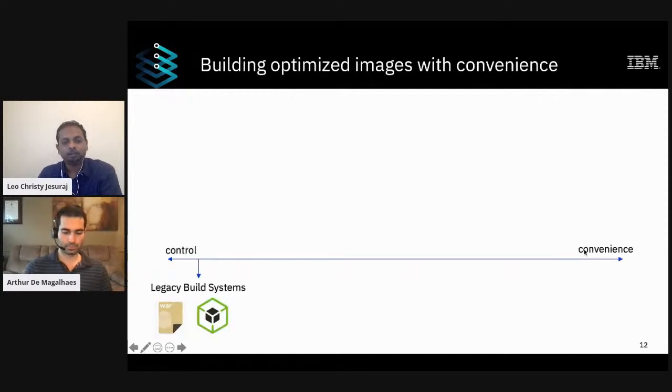So once you have created your Docker file, you need to build it in order to produce the application image. You have a couple of choices. You can use legacy build systems, where you send the Docker file over and that will build it.